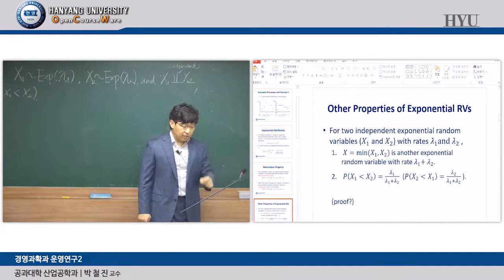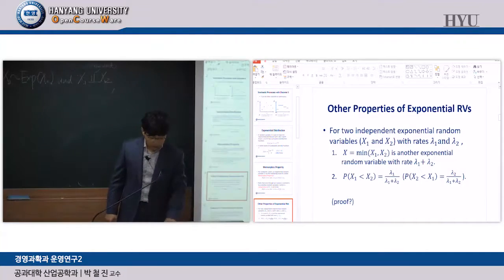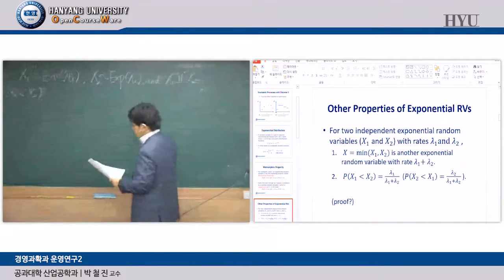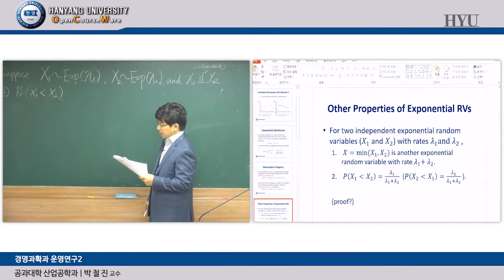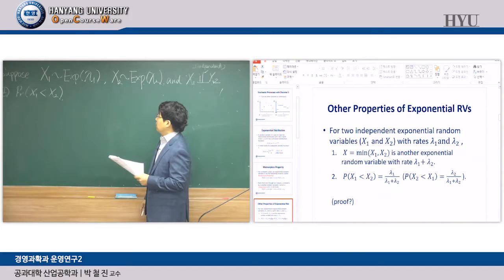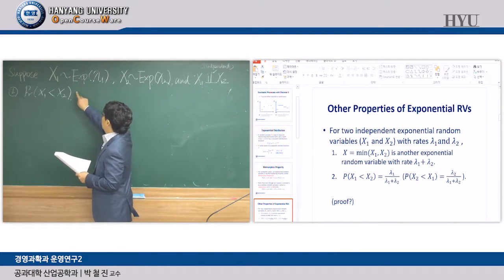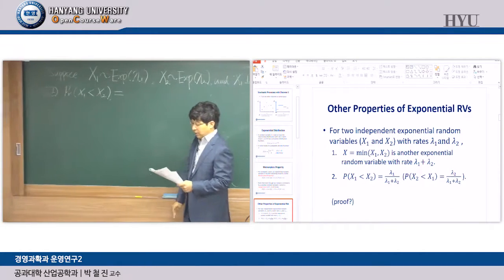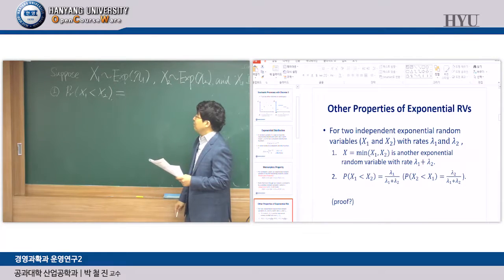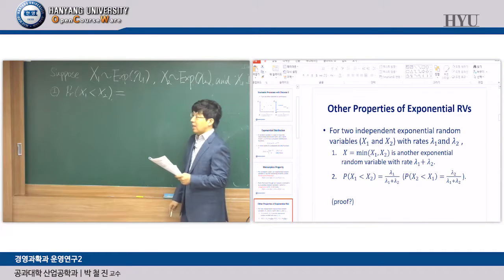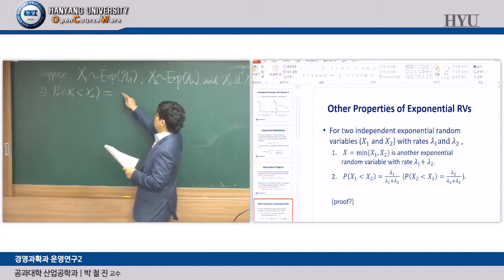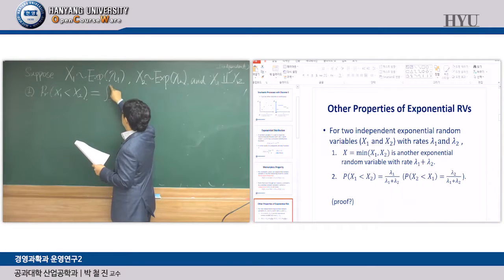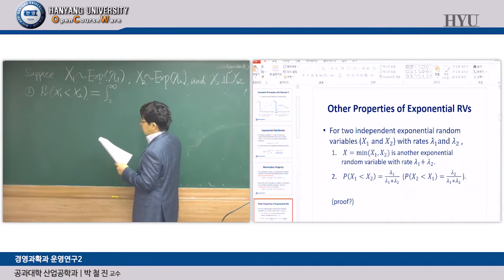To calculate this, we need to understand an important concept here. Actually, to calculate this, we can apply the law of total probability first, okay? Because we need to consider two different random variables inside the probability. So we can condition on one of the random variables. So from 0 to infinity, let's condition on X1.